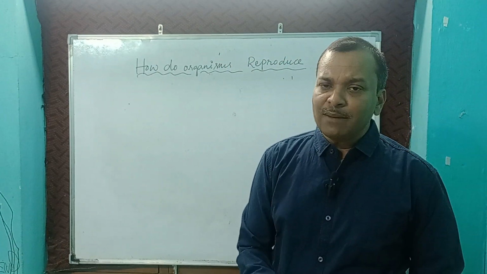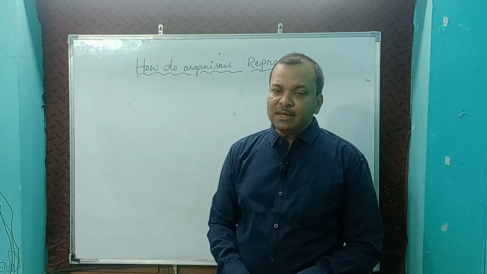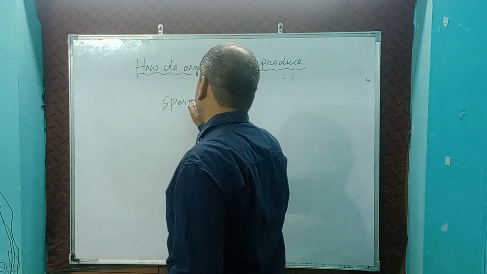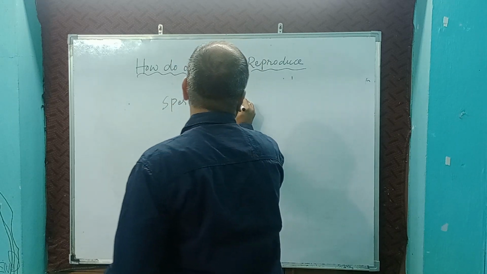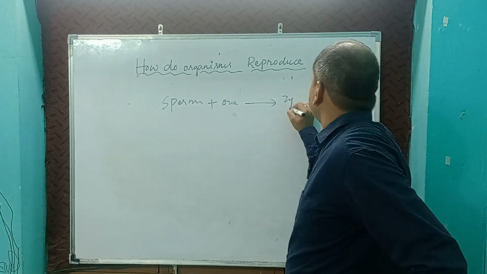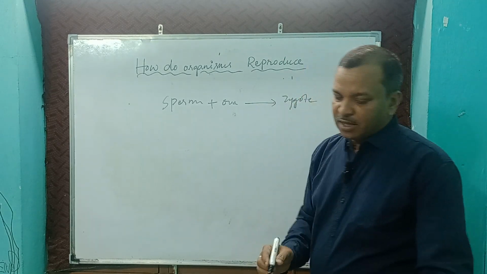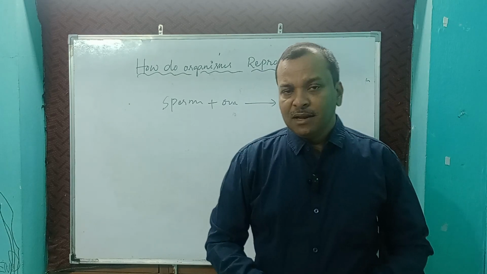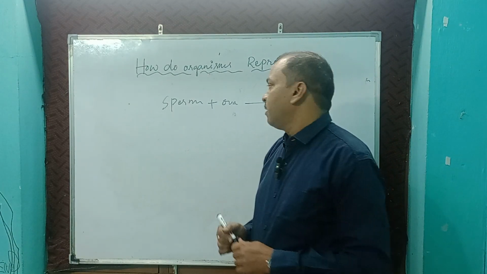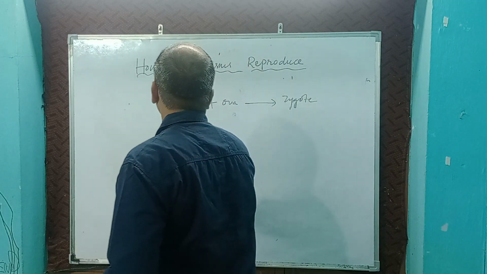What is the process? The fusion of male gamete and female gamete is called fertilization. Sperm and ovum. Then what will happen? We will get zygote. In zygote rapid cell division occurs and it will become an embryo.